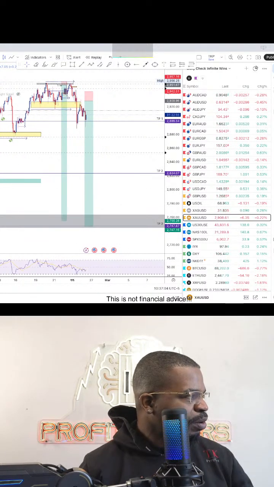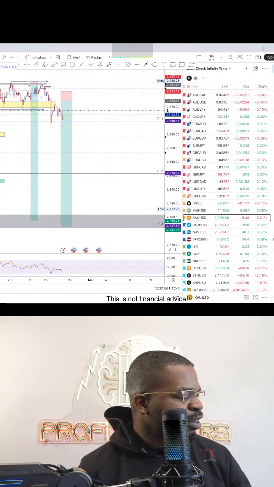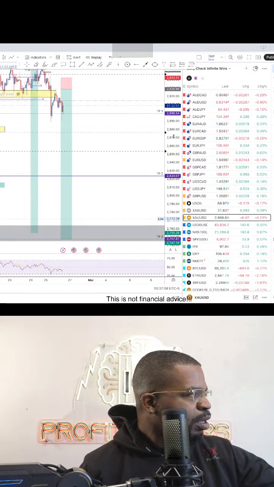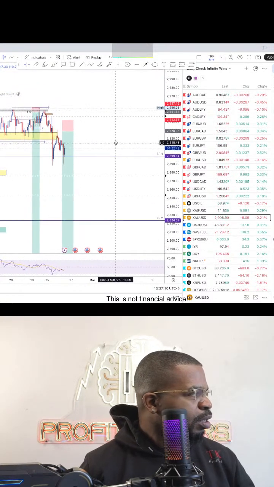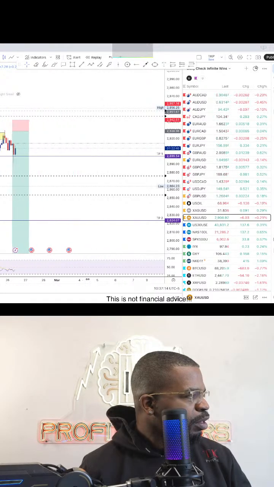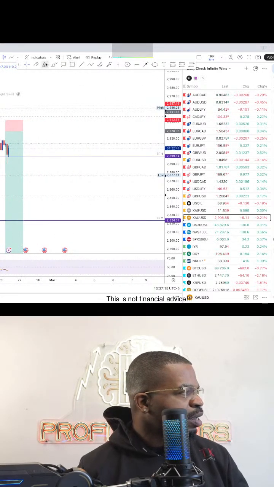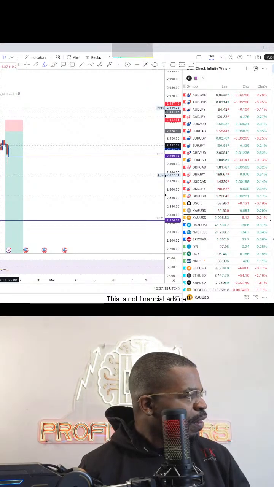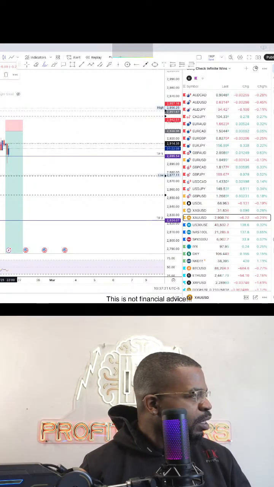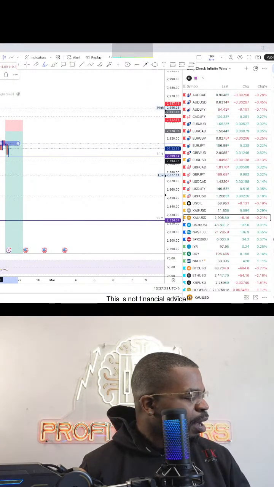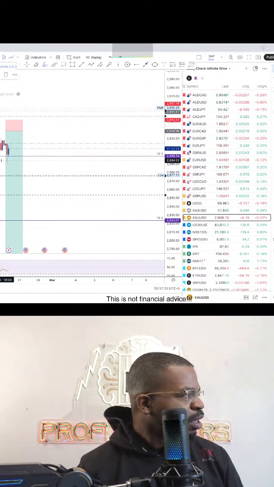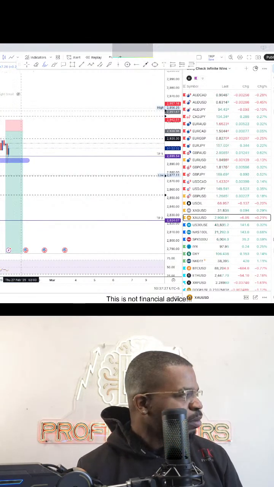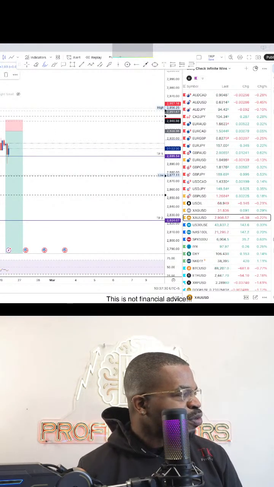All right, let's see what's going on right here. Again, TP2, another win for the team. Let's see what happens after that retest right there. See if we get another one. Win. Right now we got price consolidating underneath this area of range.